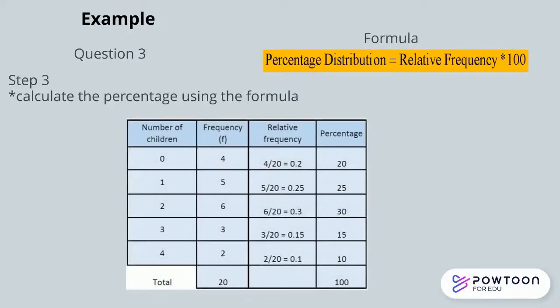Let's look at the table. The families without any children have 0.2 relative frequency. You just have to multiply by 100 and you will get 20, and follow for the rest of the categories, and you will get all the percentages adding up to 100.